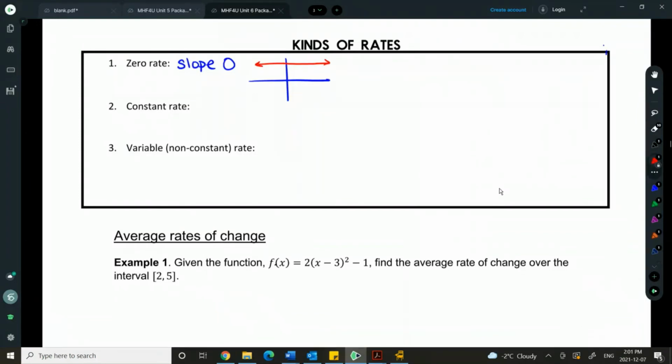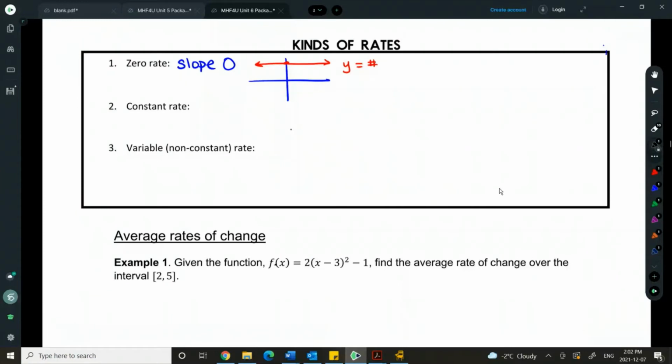They had 0 rate. This happens for any function that's y equals a number, and it will always be y equals the number that it cuts through. Let's say this is 3. This will be, for instance, y equals 3. So slope of 0, it's not changing at all. The x's are changing, but the y's remain constant.